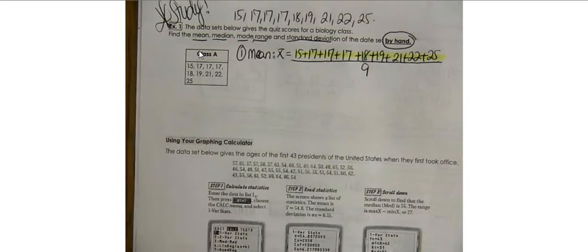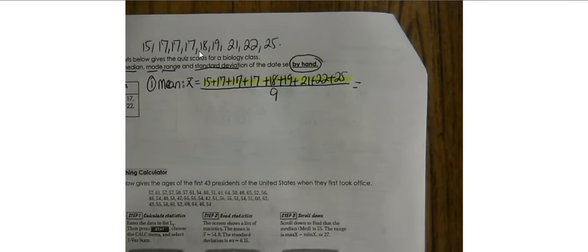What I would recommend is just putting the numerator into your calculator. Don't put the whole thing into your calculator. Just put the numerator into your calculator and come up with a value. So when you put 15 plus 17 plus 17 plus 17 plus 18 plus 19 plus 21 plus 22 plus 25 into your calculator, you end up with 171 over 9.